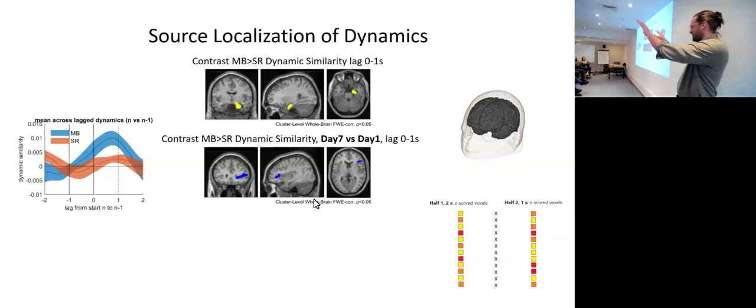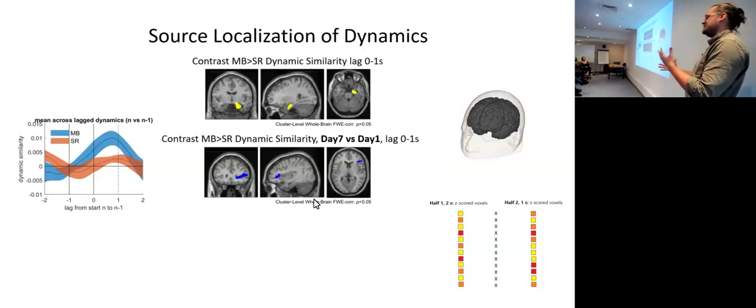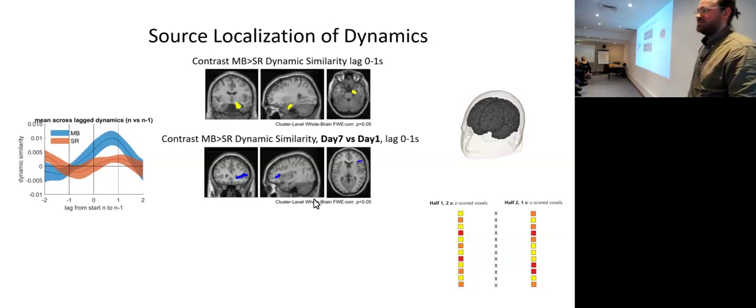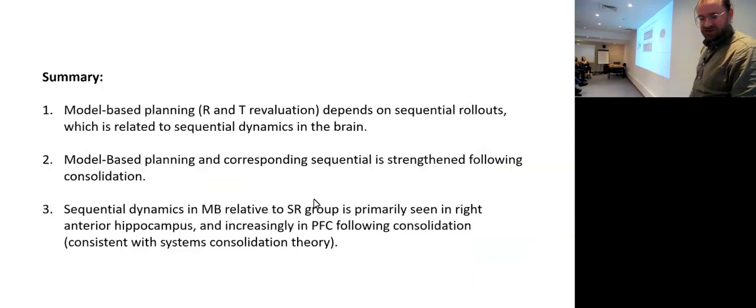So there's definitely something going on in this band in the frontal cortex. What this indicates is that overall there are sequential dynamics in the hippocampus in this task, which over the course of the task move into the prefrontal cortex, exactly as predicted by standard consolidation theory.